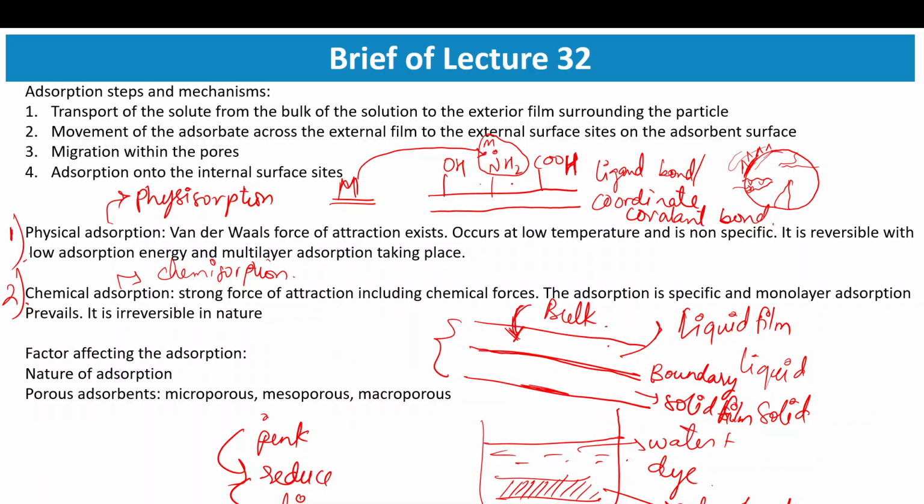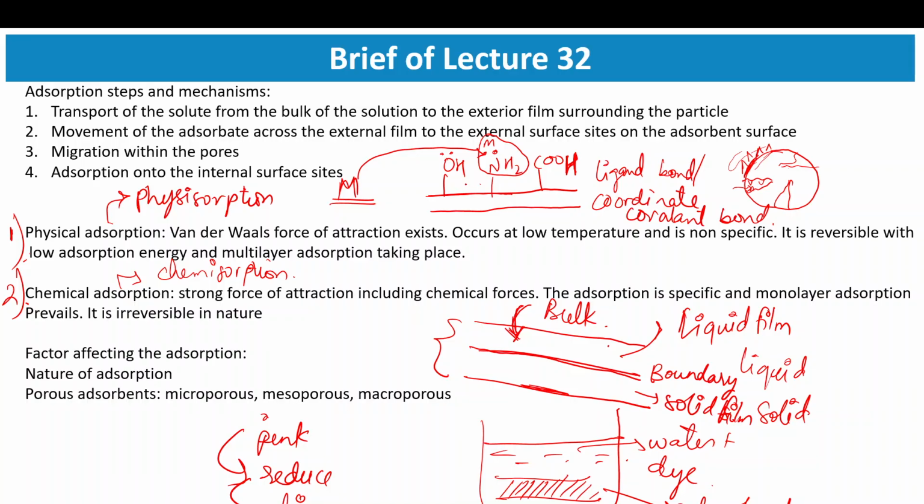So the amount of M which will go on this surface will depend on the amount of NH2 present, or the amount of lone pair, which could be because of any functional group, OH, COOH, or NH2. It will depend on the functional groups, right? So it will be only on the surface or inside the pores, right? So once all of these are consumed, the adsorption will stop.